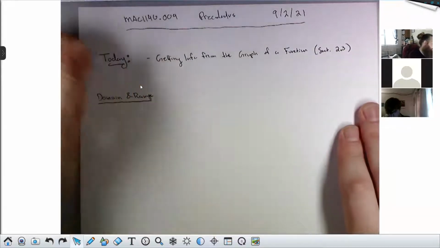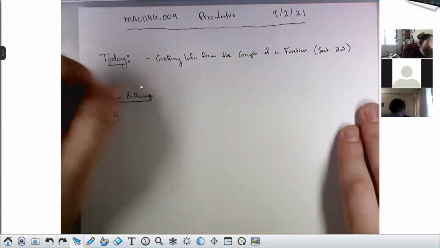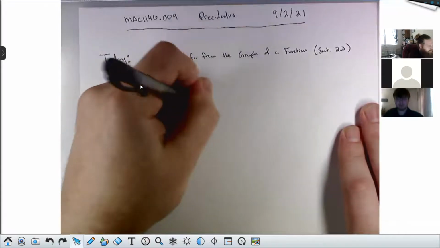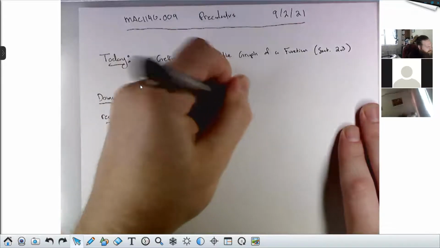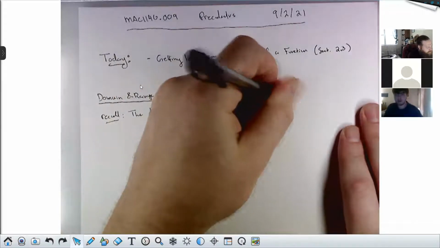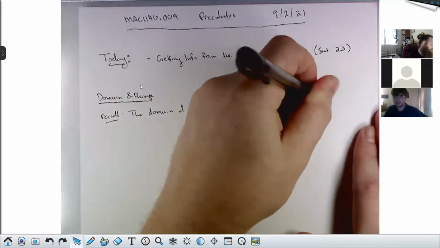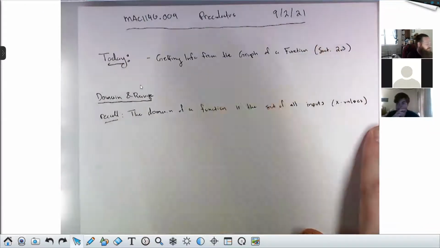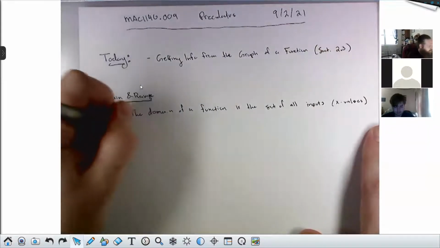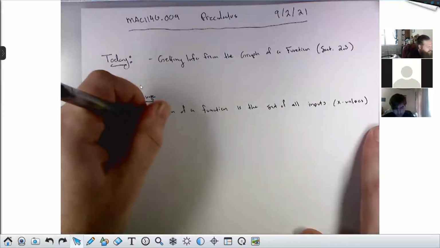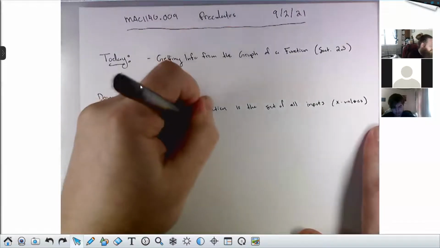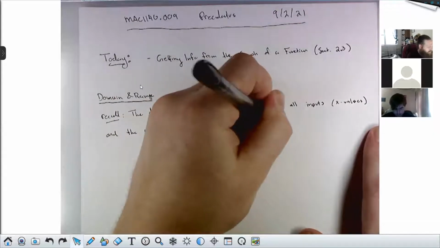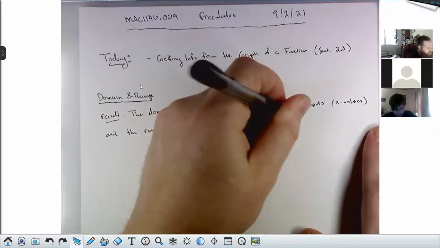So at the outset, let me just remind you: the domain of a function is the set of all inputs, and those are x values when we're looking on the graph, and the range is the set of all outputs, which is the collection of y values when we're looking at the graph, right?